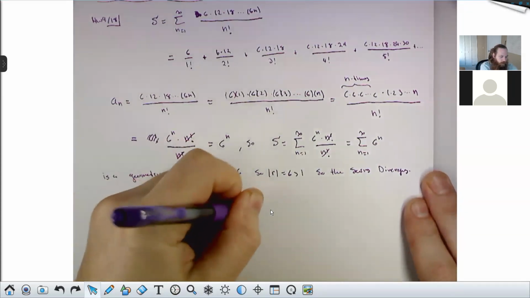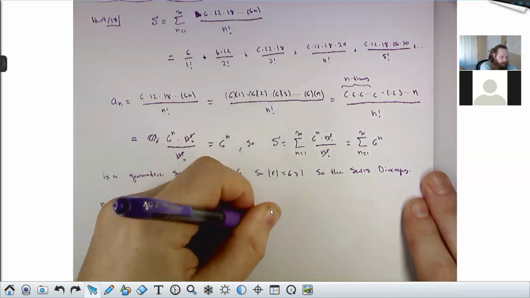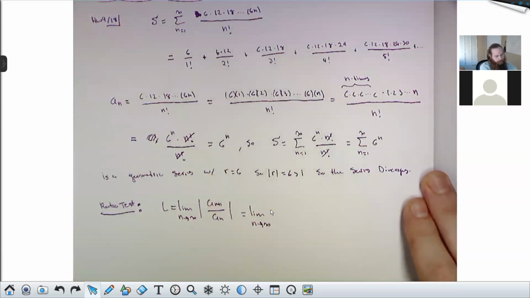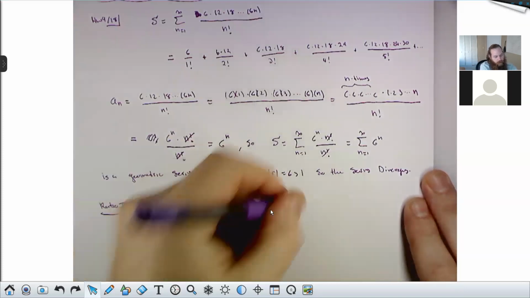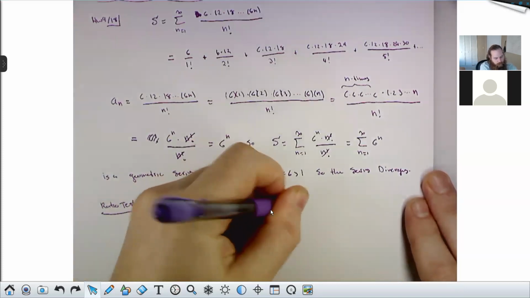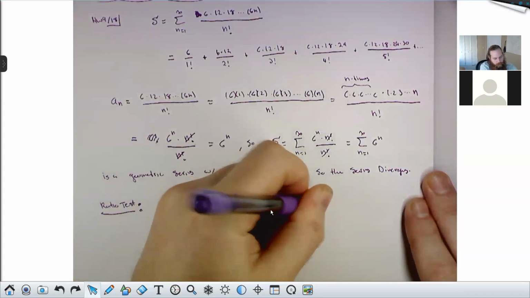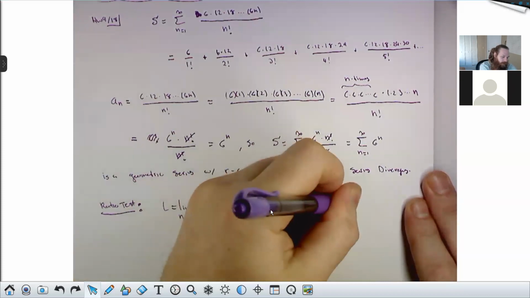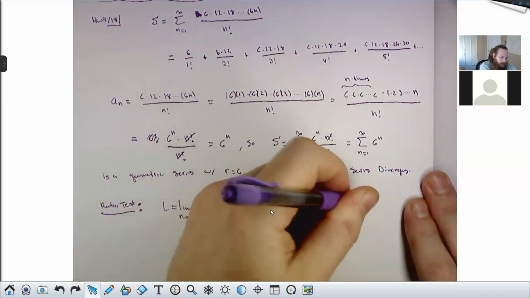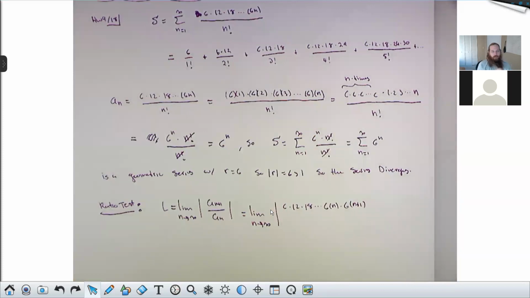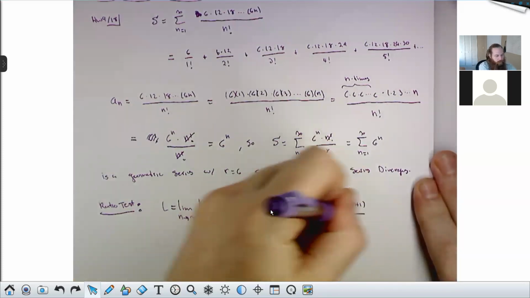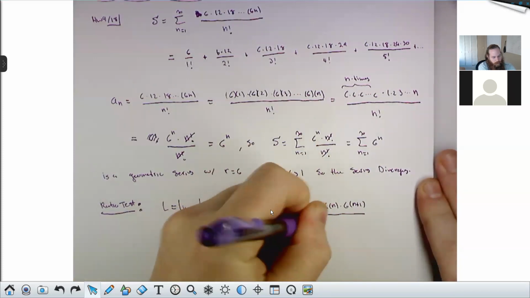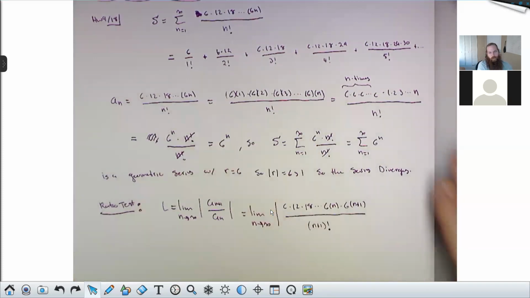Here, again, I think the challenge is in getting a_{n+1} right. a_{n+1} is 6 times 12 times 18 out to 6n, and then the next term would be 6 times parentheses n plus 1. And then downstairs we have n plus 1 factorial. This apparatus right here is a_{n+1}.